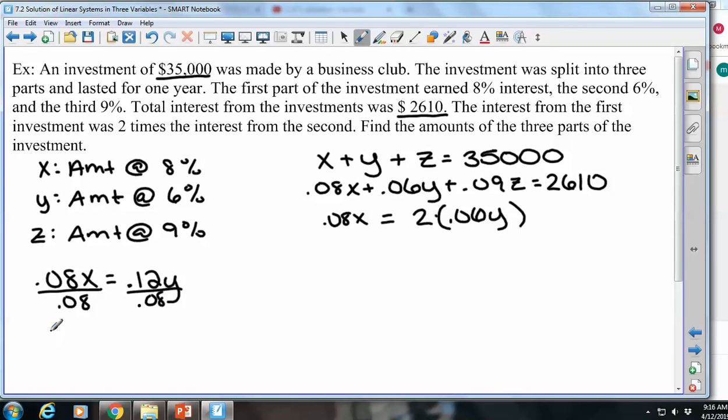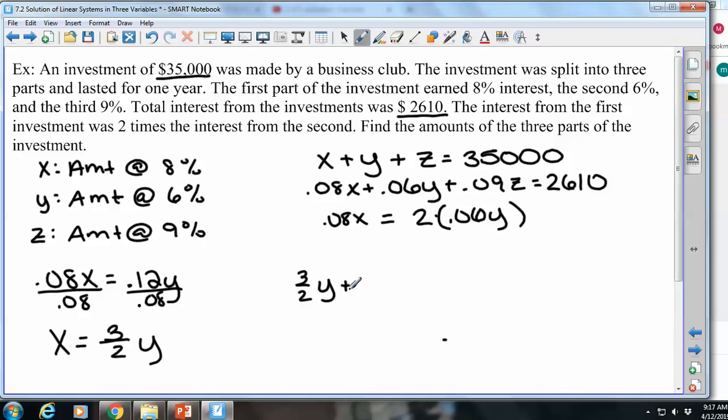So if I divide by 0.08, 0.12 over 0.08, that's 3/2. So x is 3/2y. So now we can substitute that into the first 2 equations.